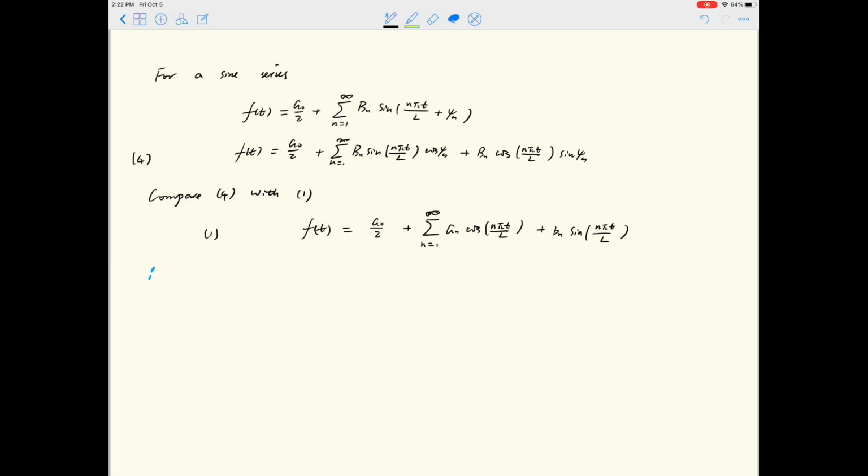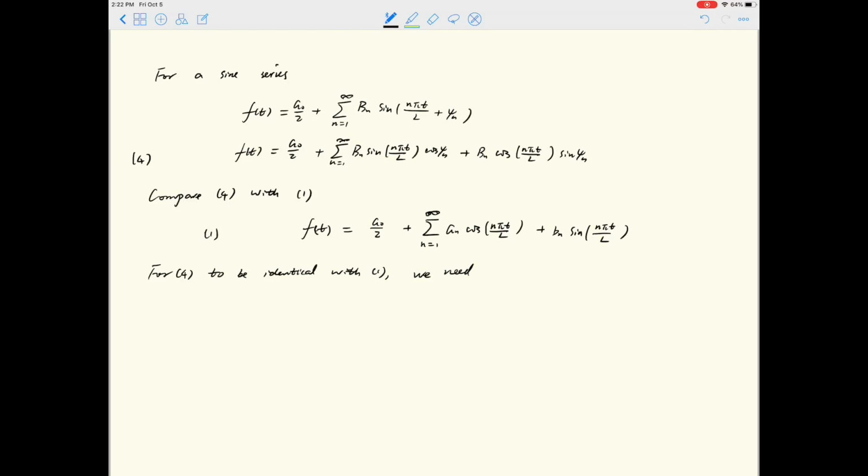So for 4 to be identical with 1, that's our goal, we need the following relations to hold.